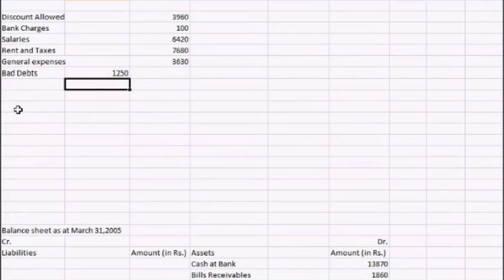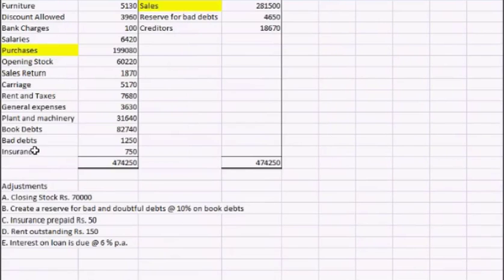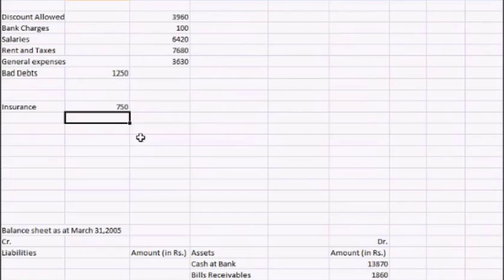So next we have here is insurance. Again we have adjustment for insurance, so we would not incorporate this in main balance.